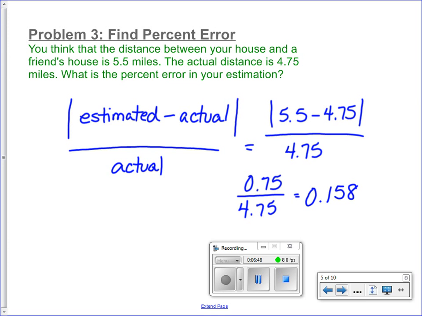So expressing this as a percent, again, I move the decimal point over 2 places, and it would be 15.8% is the error in our estimation.